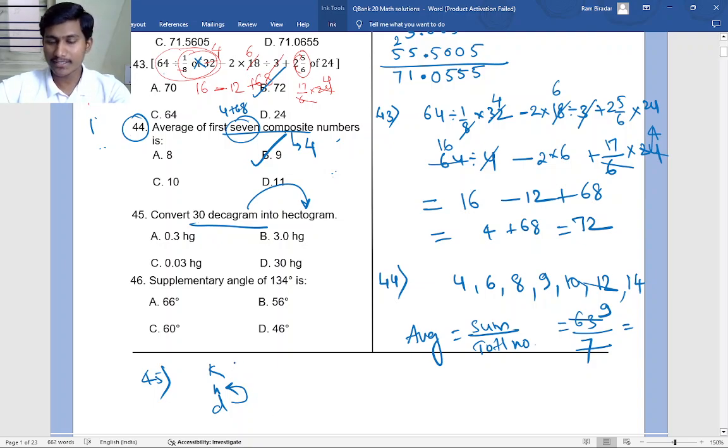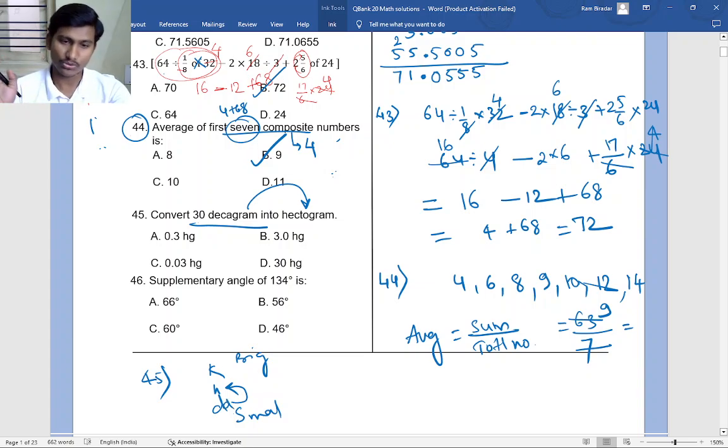So kilo is the bigger one and deca is the smaller one. Okay. So deca we write it as DA, right? So smaller to big we have to go. Okay.